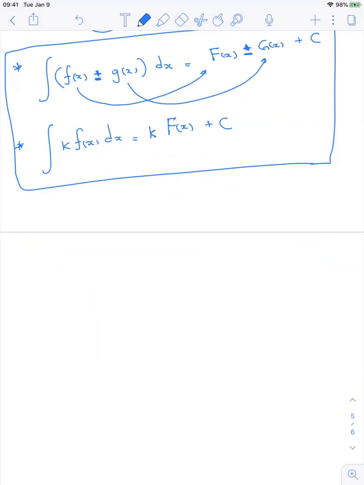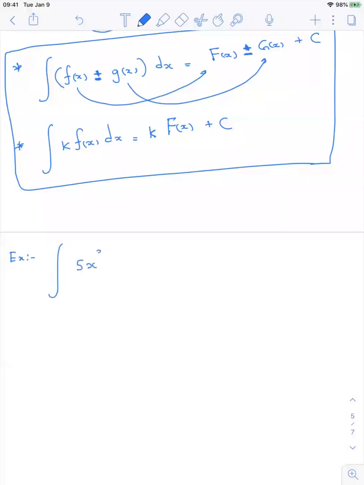Now using these two, can any of you evaluate this integral, right? So let me take this as an example. Let's say you have to integrate this function.